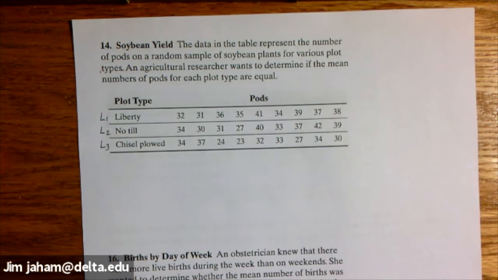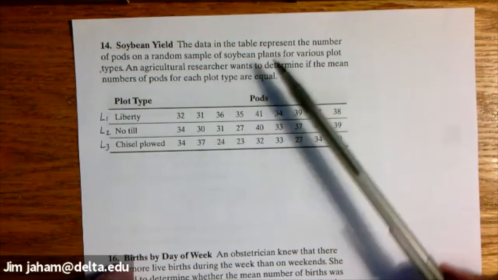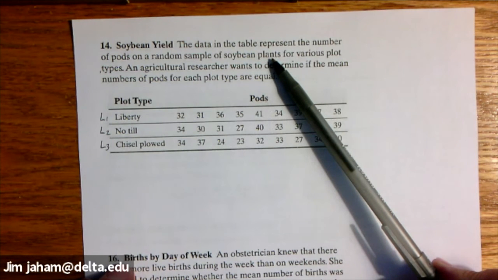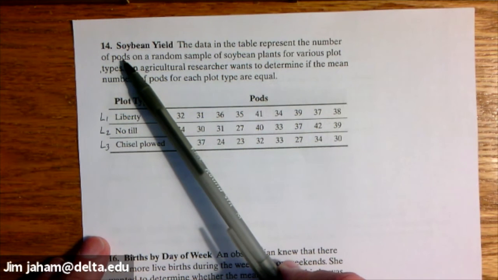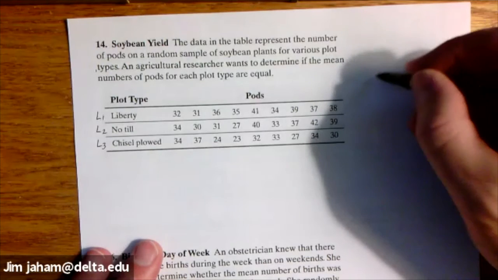All right, so the question is, they're always looking for ways to make plants grow better. So the number of pods in soybeans would be, I'm not going to be able to draw it here, but here's your plant.